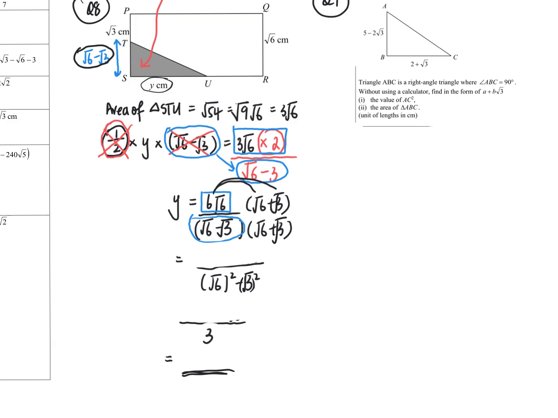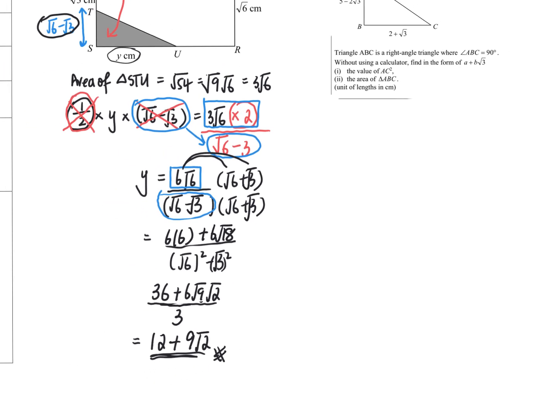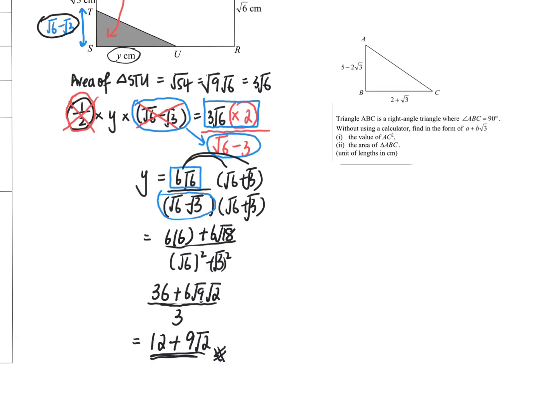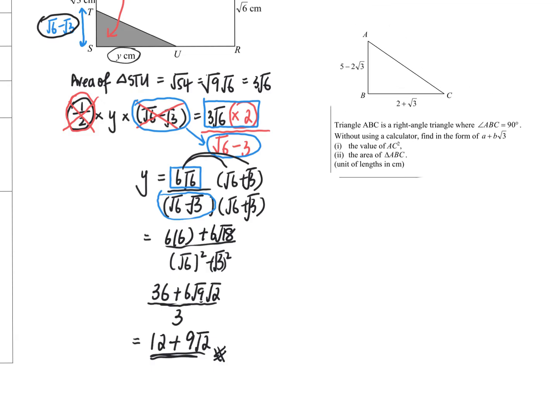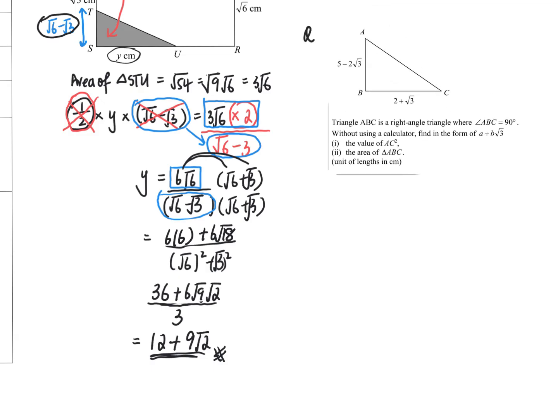Okay, then the top is 6 times 6 plus 6 root 18. Okay, that's your answer. Okay, double check. This is your question 8 answer.